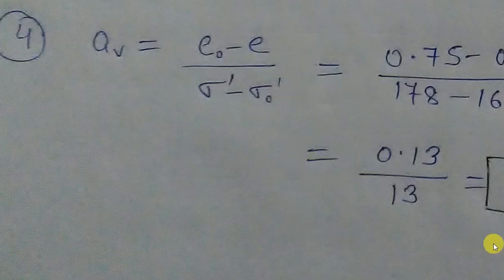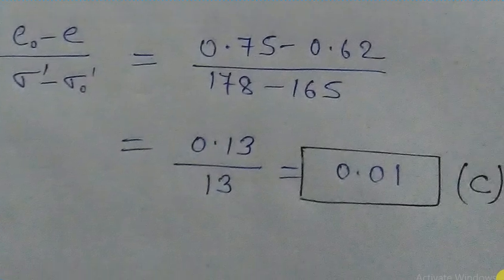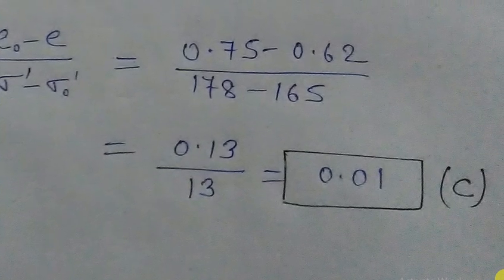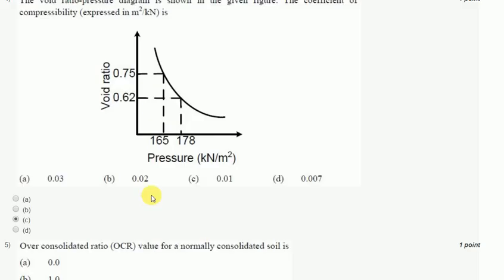Put the values of sigma 0 and the others in this equation, and we got 0.01. That means option C, 0.01, is the correct option. You can go with this.